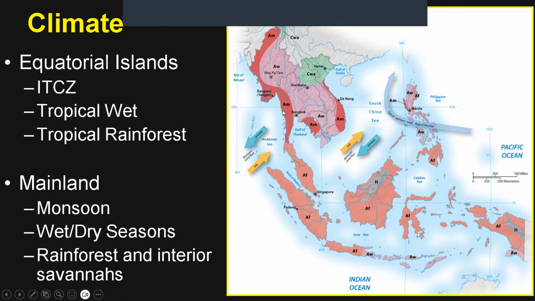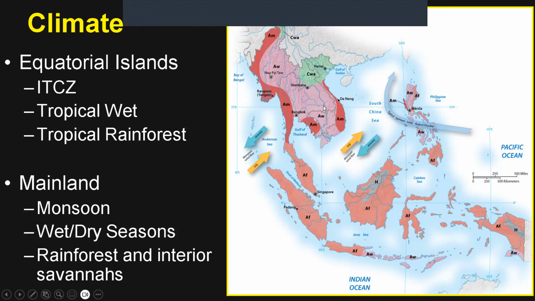And that's full of moisture. And when it hits the mainland, it rains like crazy. It's torrential rainfall. I saw it happen in late July in the islands of Thailand. And it just wouldn't stop. Then it goes over and it rains, and that's the wet season for the inland parts as well, that tropical savanna, the Aw, in that pink color.